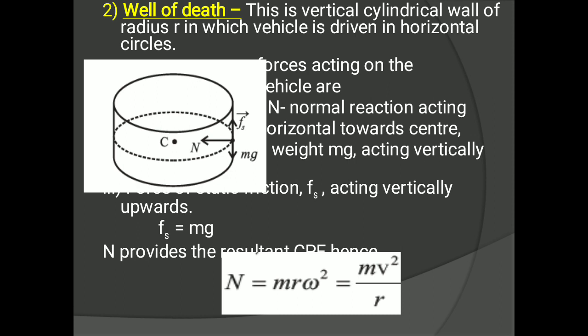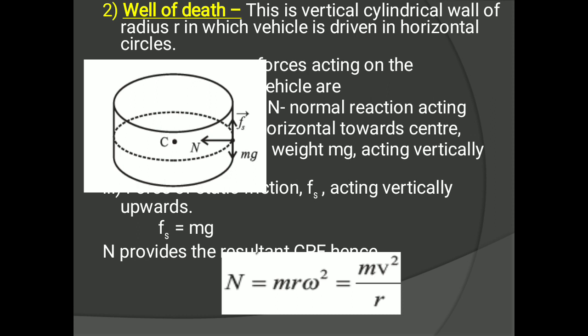When the vehicle is moving on the cylindrical wall of the well, the forces acting on the vehicle are, first, the normal reaction, which is perpendicular to the surface, acting horizontally towards the center. The weight of the vehicle acts in the direction of gravity, mg, downward, and the force of static friction acts vertically upwards. This force of static friction is the only force which makes the motion possible.